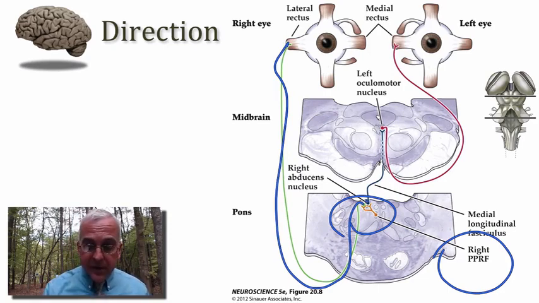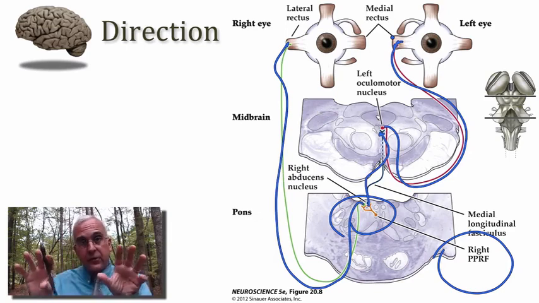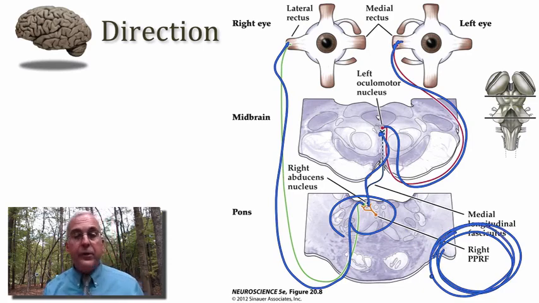There will also be an internuclear neuron that will cross the midline and supply the appropriate alpha motor neuron in the contralateral ocular motor nucleus. That motor neuron then will fire away and cause contraction of the left medial rectus, allowing me to turn both eyes to the right in a conjugate way. So again, this paramedian pontine reticular formation is what we call the horizontal gaze center.